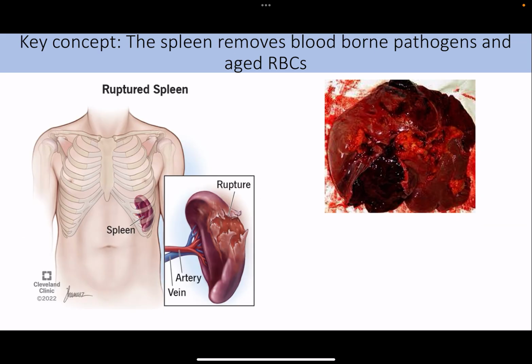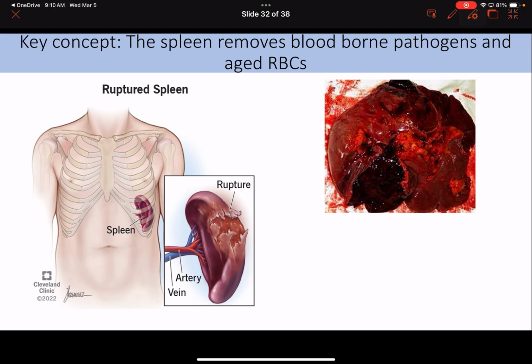Okay, so a ruptured spleen. Like we mentioned in the previous slide, the spleen has a thin capsule. So it may rupture due to trauma or a direct blow.